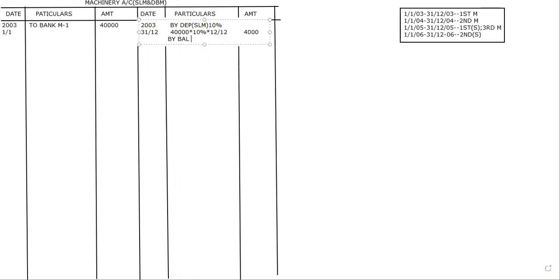So by balance carried down, 40 minus 4, how much? 36,000. That's it. So first year I have done with it. So I'm just closing the year.